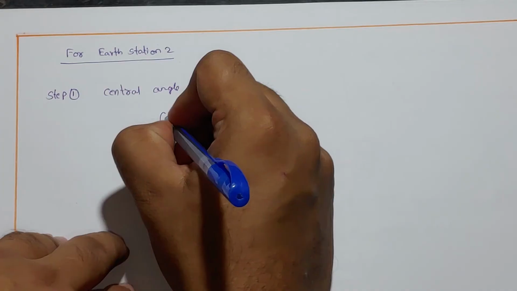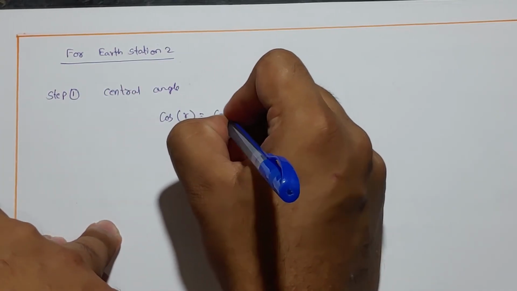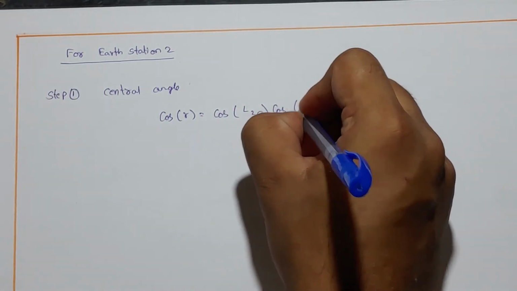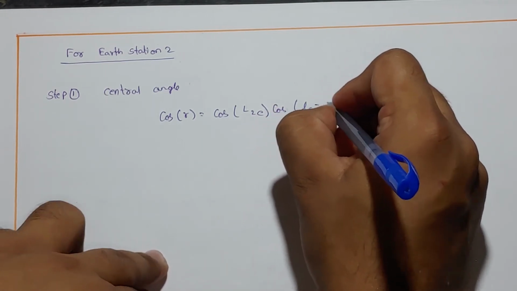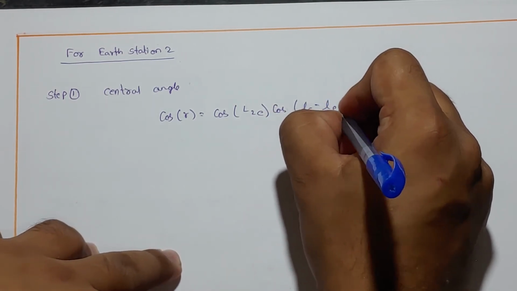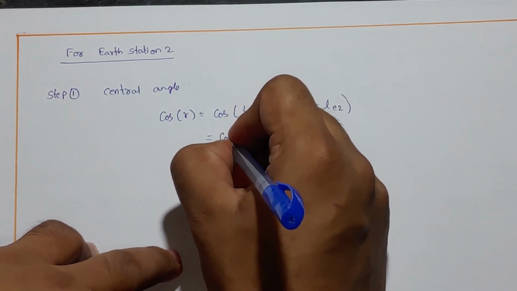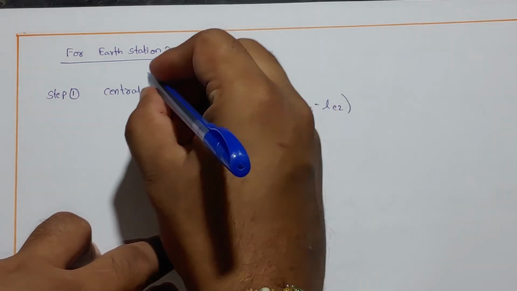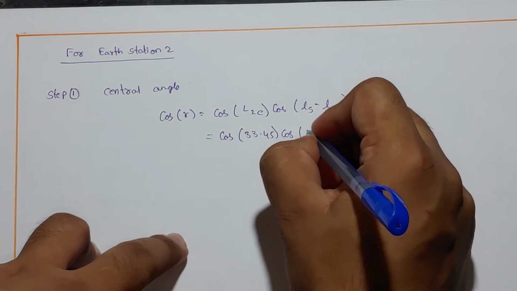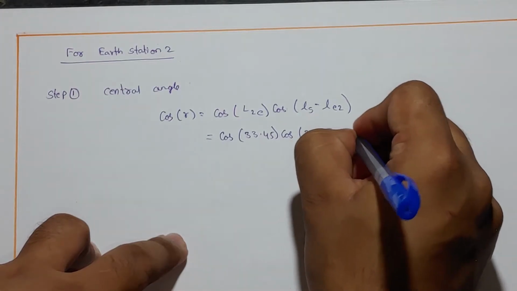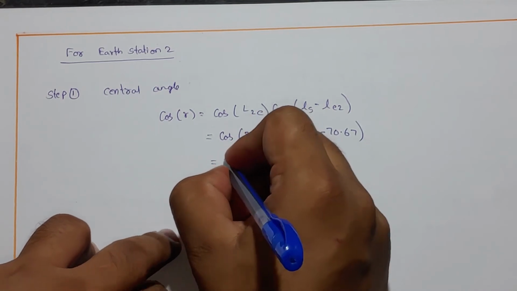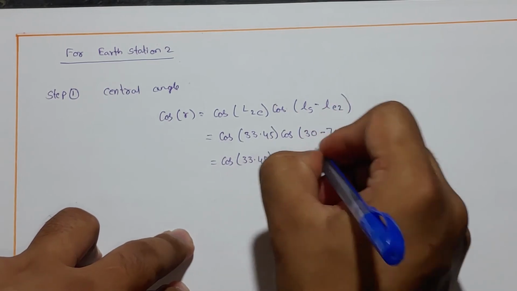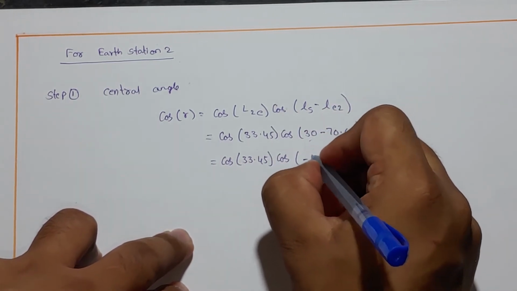We know that cos of central angle is equal to cos of latitude of earth station, cos of longitude of satellite minus longitude of earth station 2, which is equal to cos of latitude of earth station, 33.45 for the second station, and cos of longitude of satellite, that is 30 minus 70.67. On calculating we write cos of 33.45 into cos of 30 minus 70.67, which is minus 40.67.